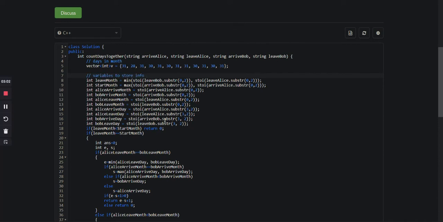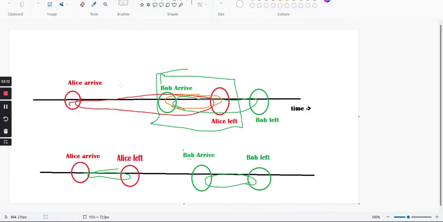I've created so many variables so that I can store the information, like the leave month and start month. What does leave month mean? Suppose in this case Alice is leaving early. What is the interval which we need?